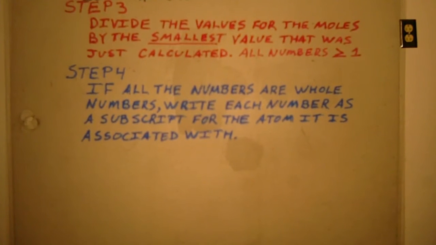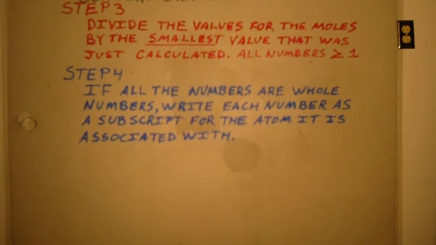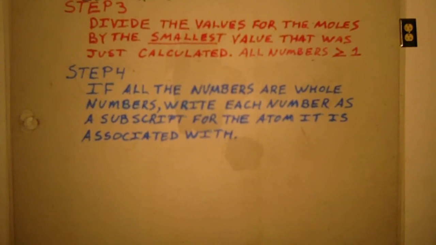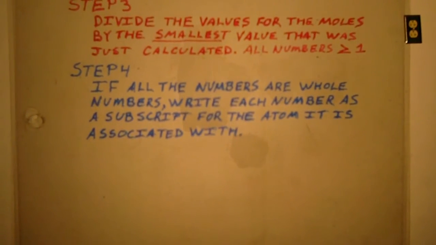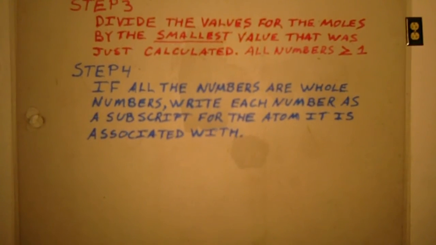So now that we've done the division, we have a number 1 for one of the atoms and a number larger than 1 for all the rest. If all the numbers are actually whole numbers, 1, 2, 3, 4, 5, you write those numbers as a subscript to the atom that you calculated it from, and that's your empirical formula.